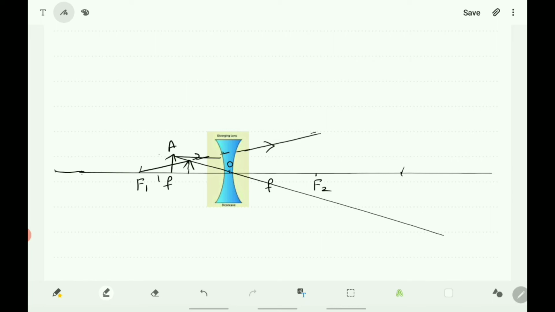If AB is the object, then A dash B dash is the image, and you will get an erect image, and that image forms between the principal focus and optic center, and it is a diminished image which is virtual and erect.